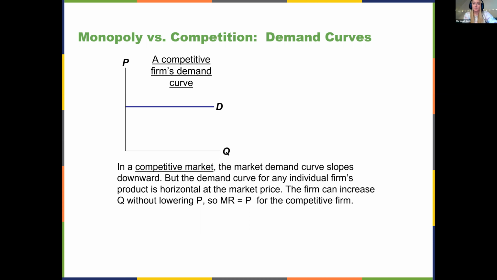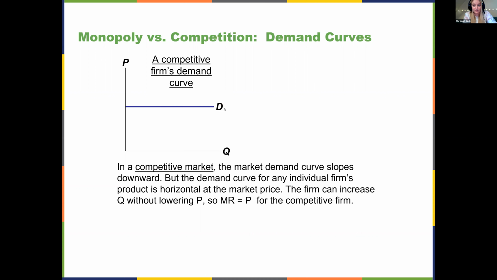If we consider the demand for a specific company within this perfectly competitive market, the demand curve for that specific firm is perfectly horizontal.